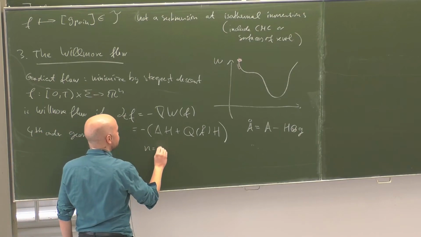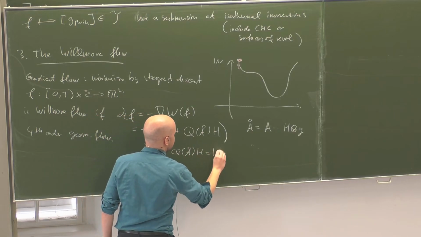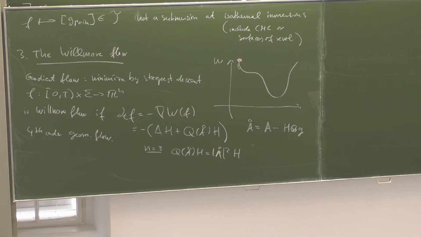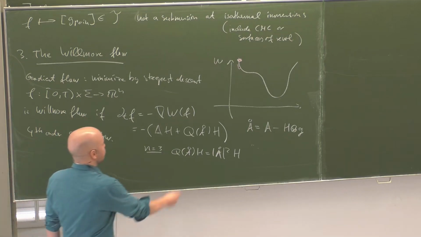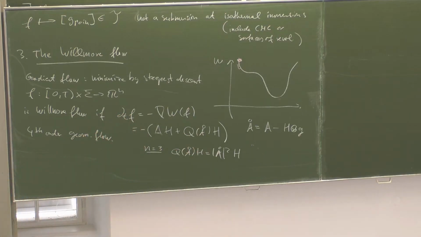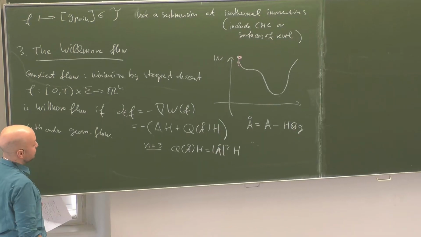In codimension 1, Q of A0 H is just the length of the trace-free part times H. In higher codimension, it's some form of contraction of A0 and H, which is bilinear in A0. So it's a cubical term. From the PDE perspective, this is the important thing. It's cubical, so it's very bad because the energy is only controlling the quadratic.